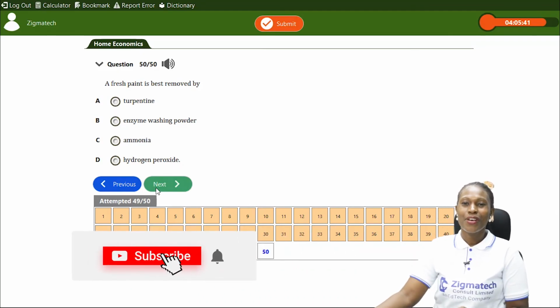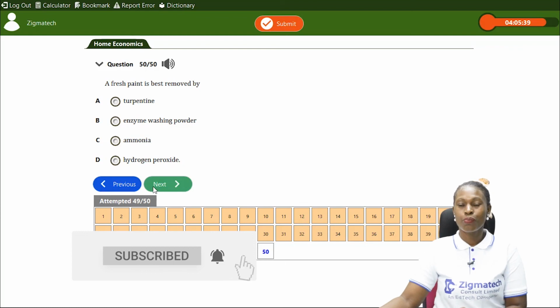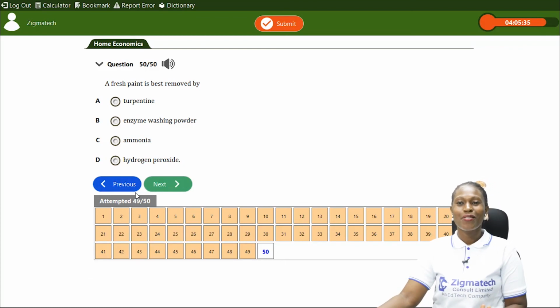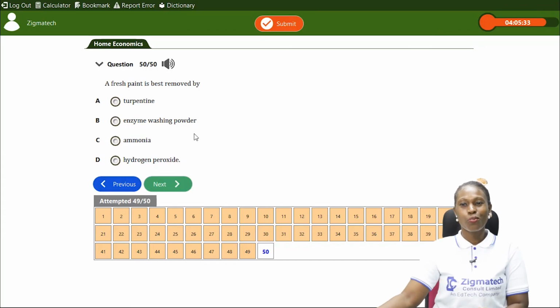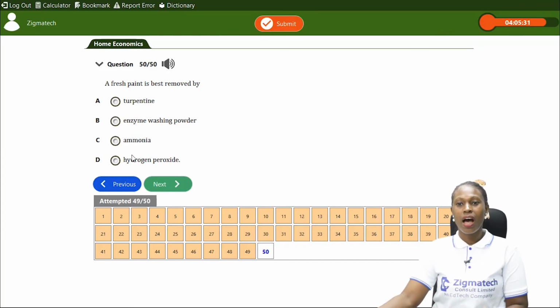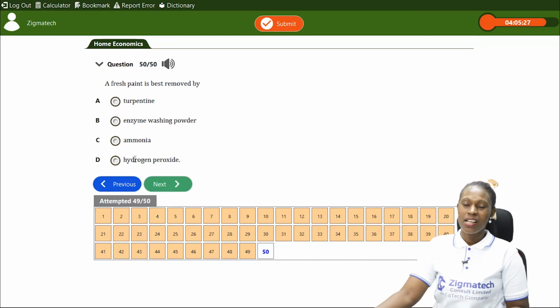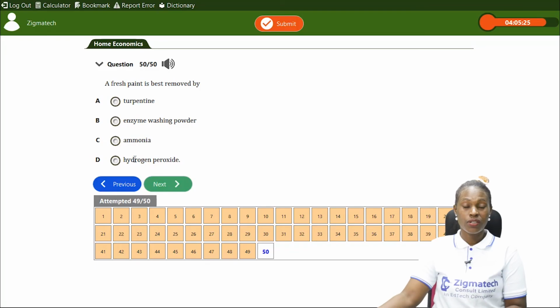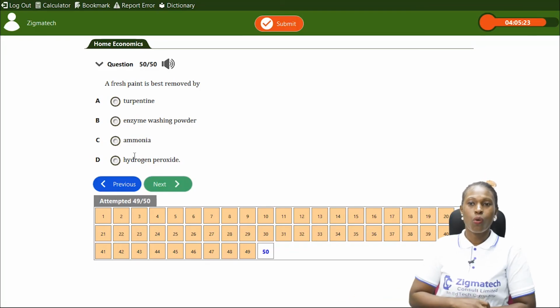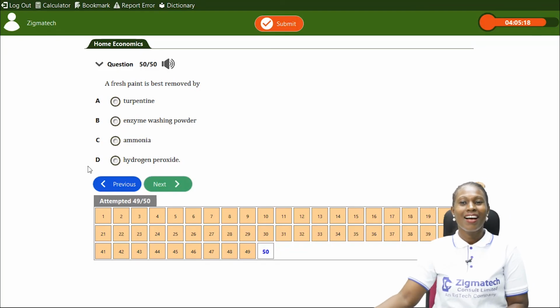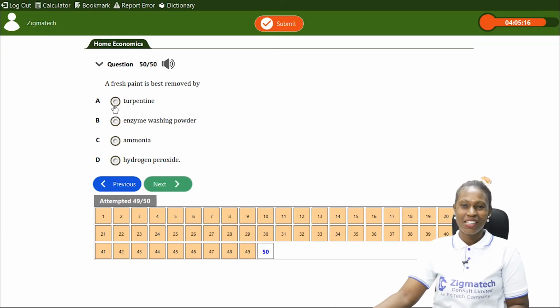Okay, a fresh paint is best removed by: A, we have turpentine, B, we have enzyme washing powder, C, we have ammonia, then D, we have hydrogen peroxide. Now, which of these removes fresh paint stain on our clothes? The answer is turpentine.